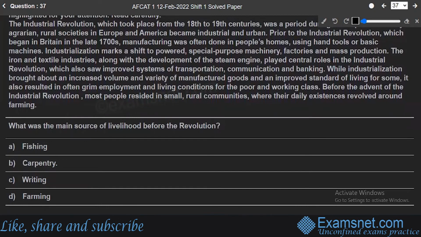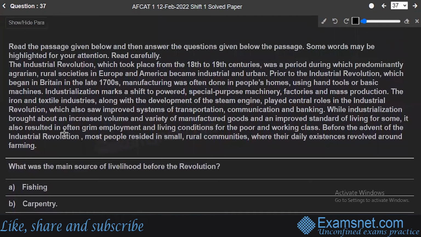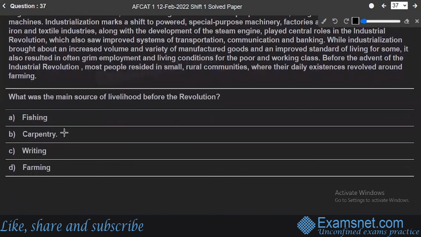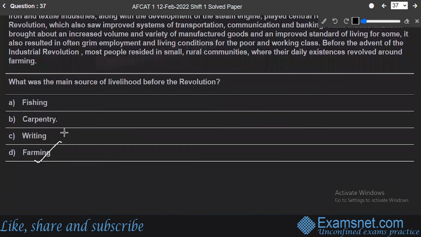They lived in the rural societies, and farming was their main occupation. Option D is the correct answer. In fact, the economy before the Industrial Revolution was agrarian in nature. I hope this is clear.